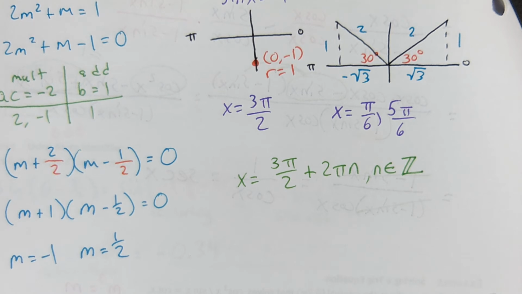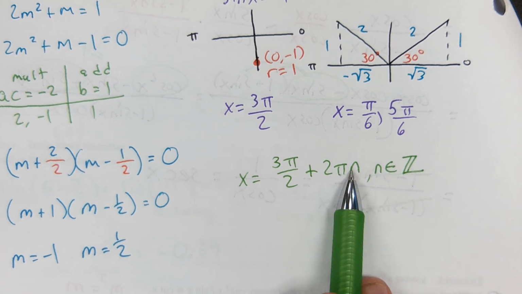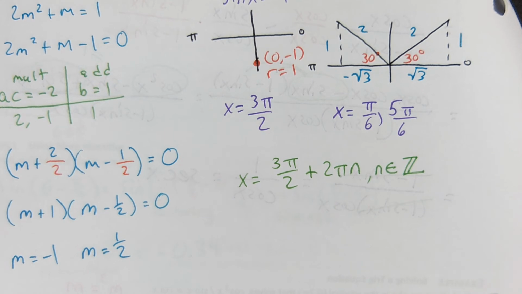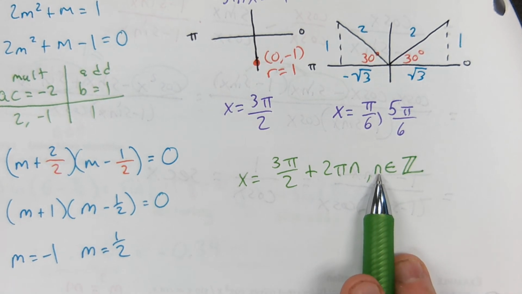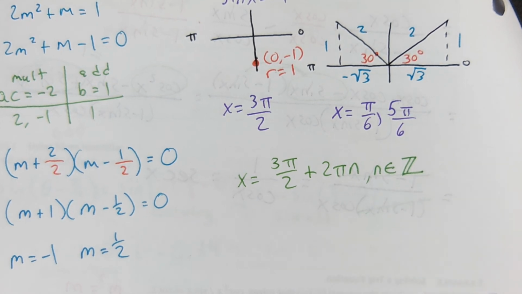Think about it. -1, -2, -3, -4, 0, 1, 2, 3, 4, 5. You multiply any of those things by 2 pi, and you have just told me a number of full circles. And turning any number of full circles is the same as doing nothing. This means the letter n stands for any number with no decimals. N is an element of the integers.